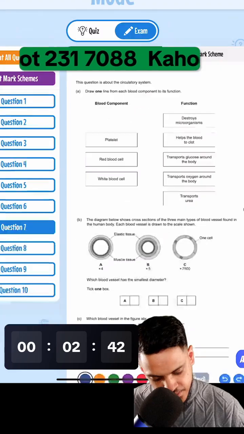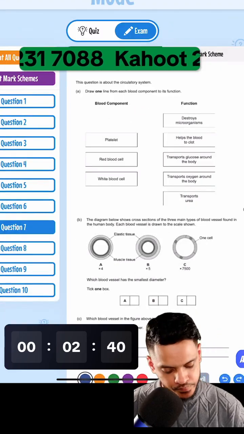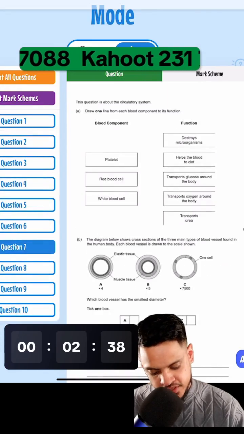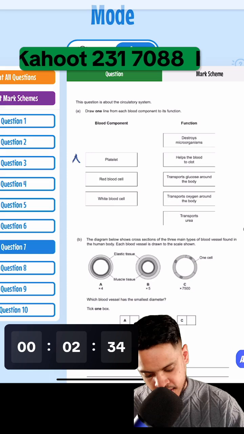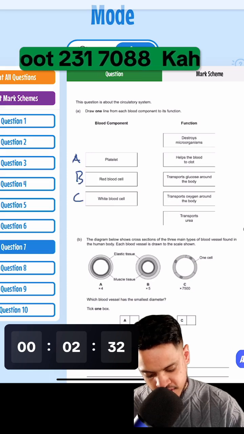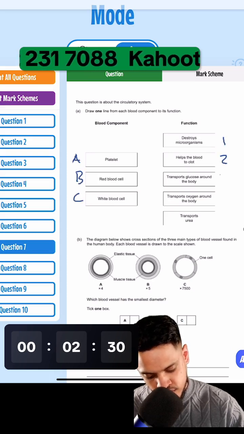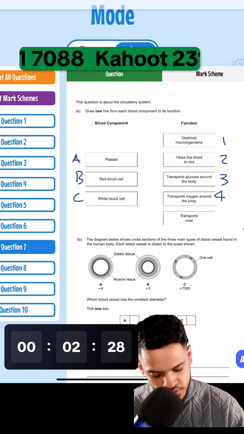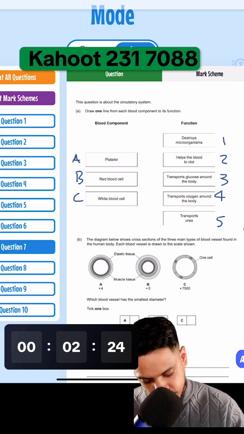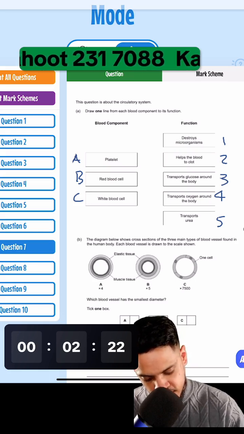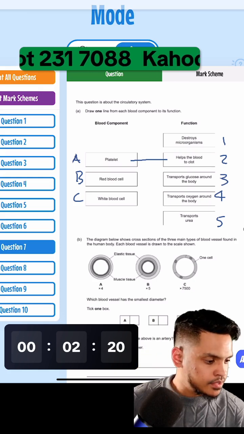So platelet. In this question, we've got platelet, red blood cell, white blood cell. We basically need to write the function for each one. So A, B, C, 1, 2, 3, 4, 5. Which one goes where? Platelet, we've already said it helps to clot blood, so we can draw a line there. So A is 2.